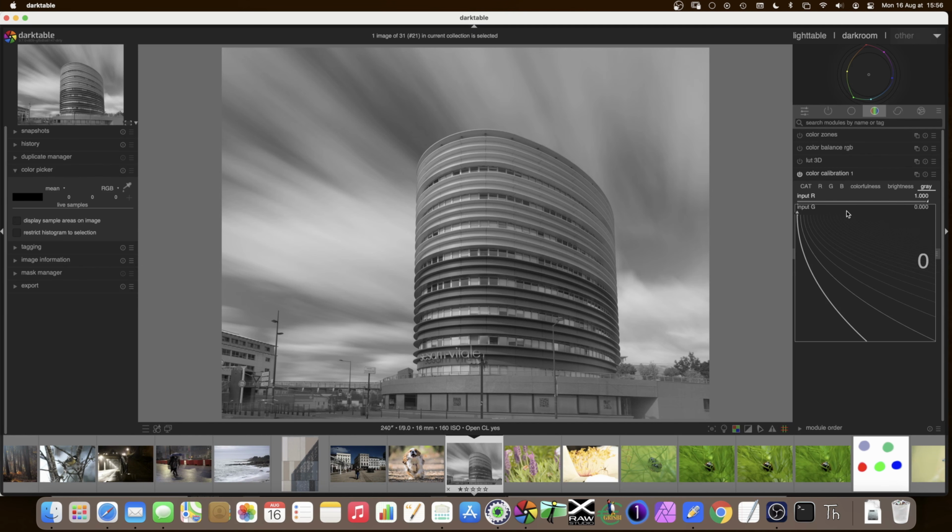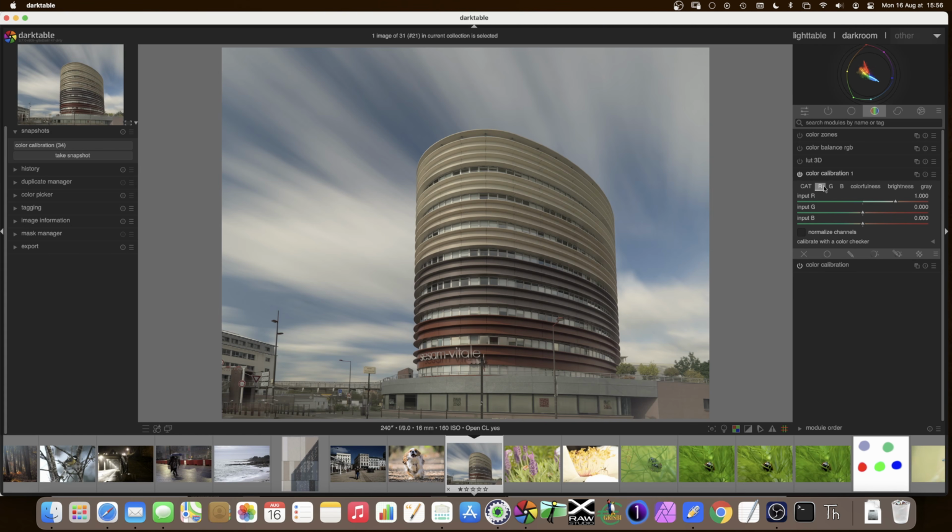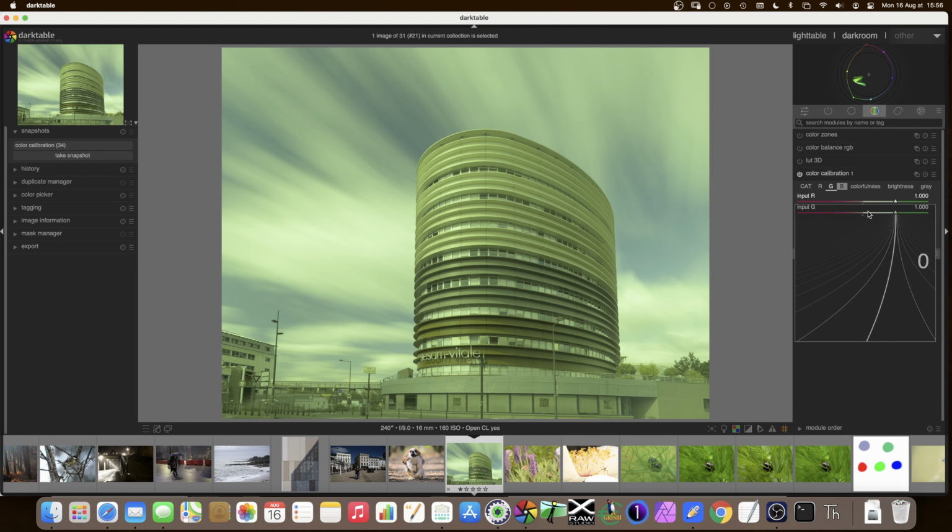If I put, let's say, green at 0.5 and red at 1, take a snapshot of that, and then I restart that and put 0.5 here, and then copy the same equation, 1, 0.5, and here 1, 0.5, and put this to 0, then I get a monochrome as well, which is the exact same one as when I use the grey tab, and it's brighter.